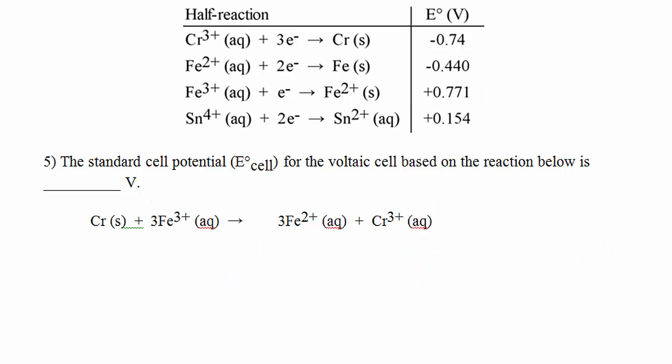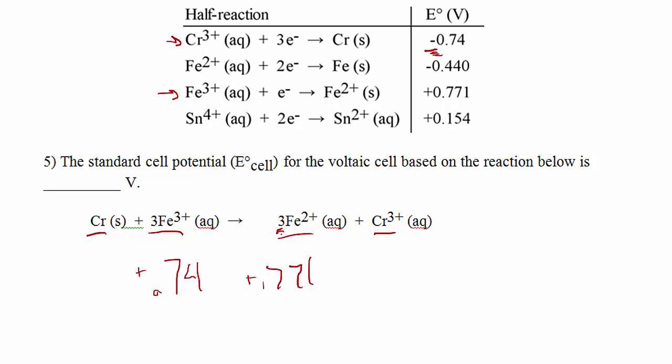Number five: the standard potential for the voltaic cell based on the reaction below is blank. So again, you're looking at Cr. Let's go from Cr0 to Cr plus 3. I found the opposite of that reaction, so I'm going to have to take the opposite sign of that potential. So it would be positive 0.74. What's happening to iron? It's going from plus 3 to plus 2, so I'm using this one, so it's positive 0.771.